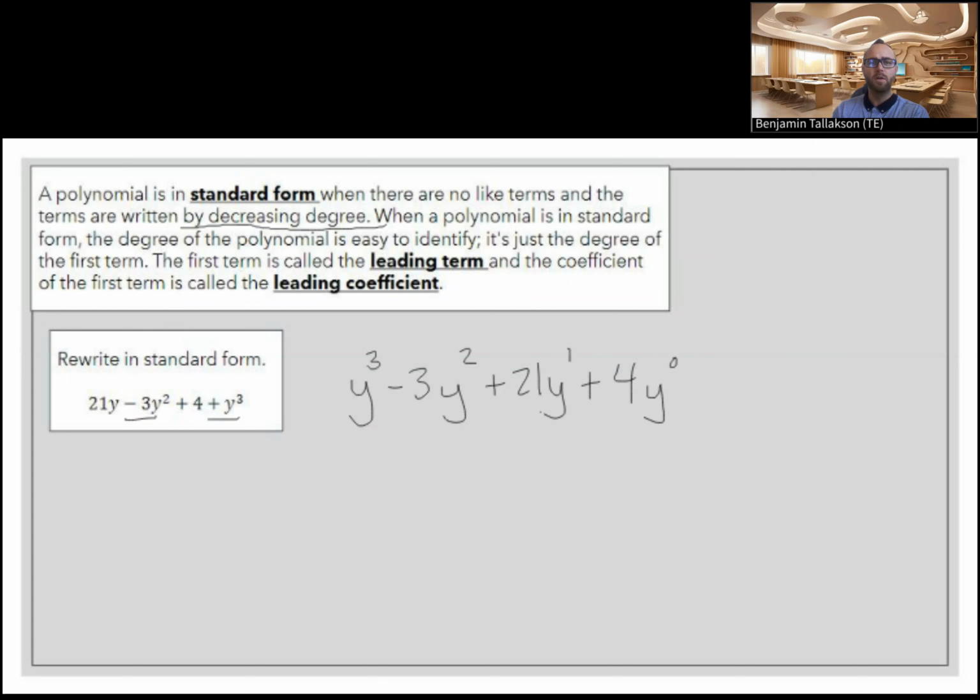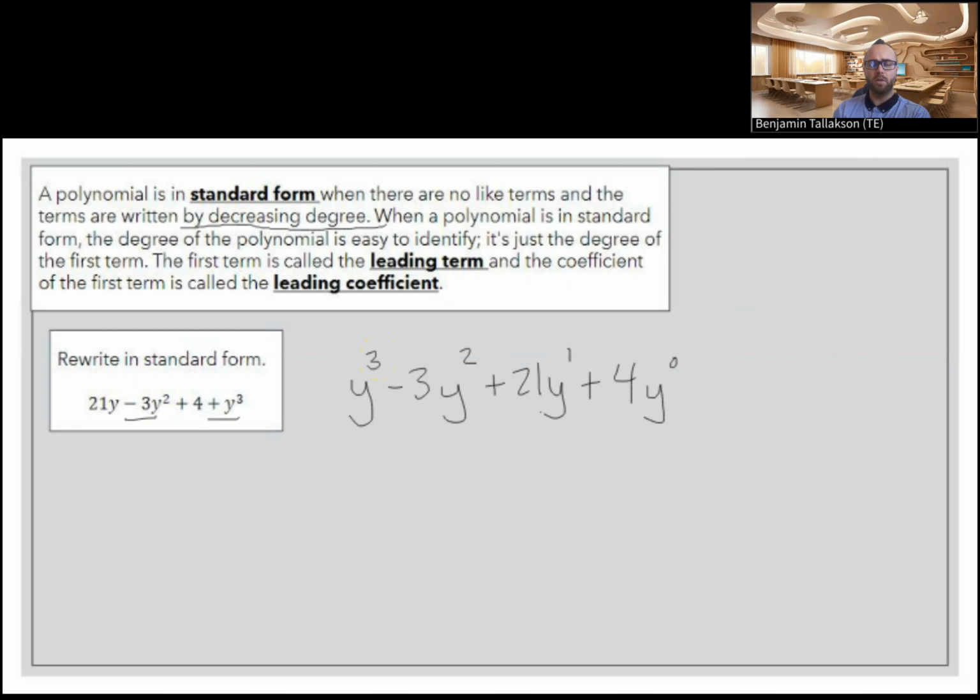Don't have to, but you see y cubed, squared, to the first, to the 0, decreasing order. And don't forget, it's about the power of the variable, right? So this also really helps you when you're asked to find the degree of the polynomial because you put the degree first. So you could just say, okay, 3rd degree polynomial.